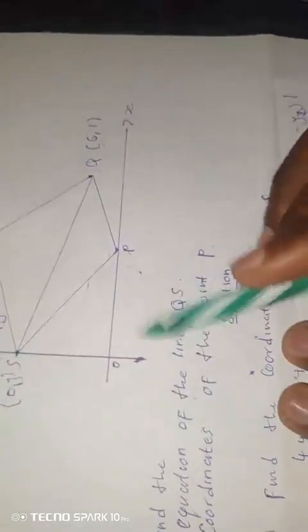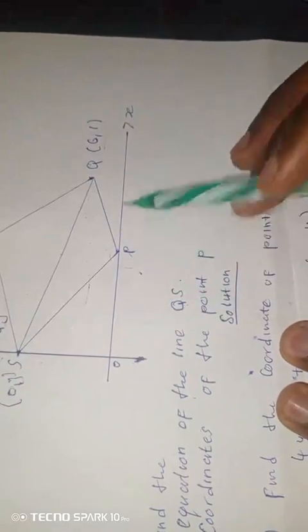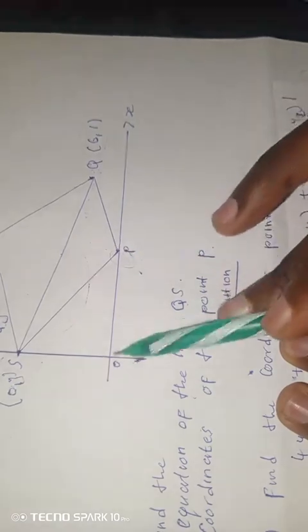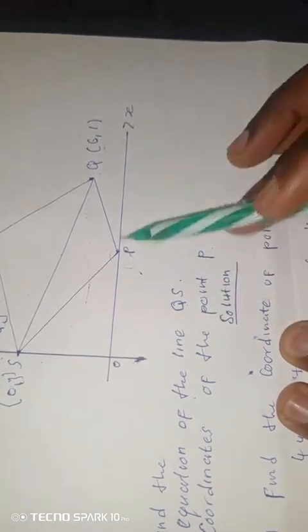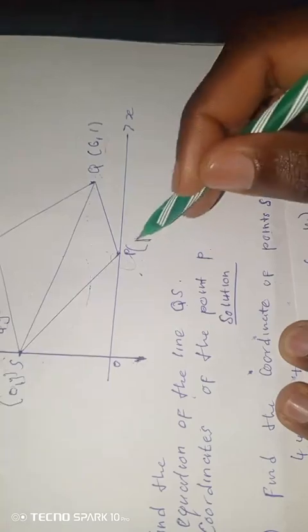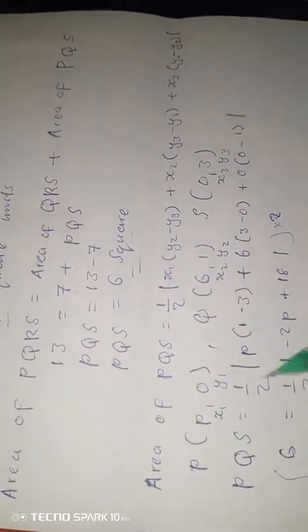So why have I put 0 here? We know that the y coordinate on the x-axis is 0. So in short, we are looking for the coordinate of P, comma 0, because y on this line is 0.